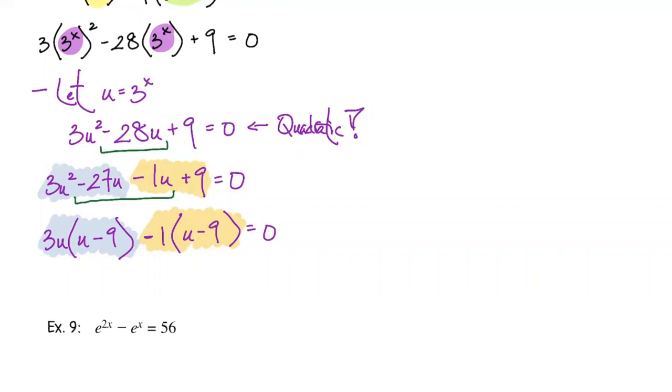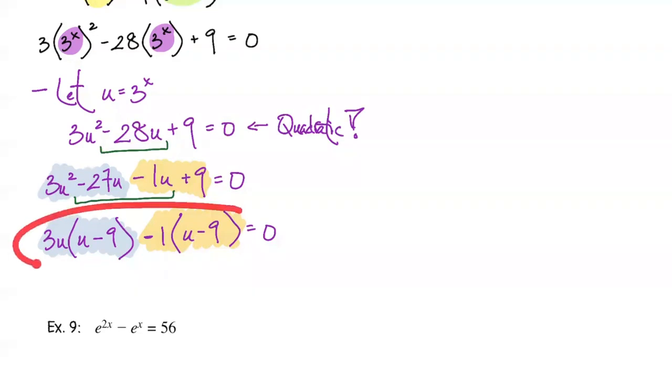So I took my quadratic equation and cleverly split the middle term so that I could take the greatest common factor of the first part and the greatest common factor of the second part.